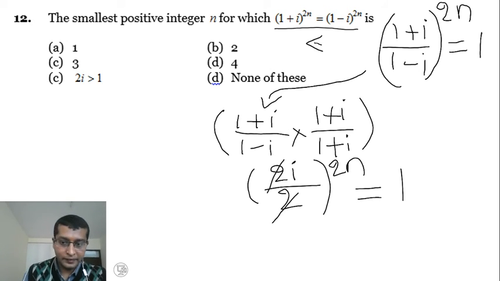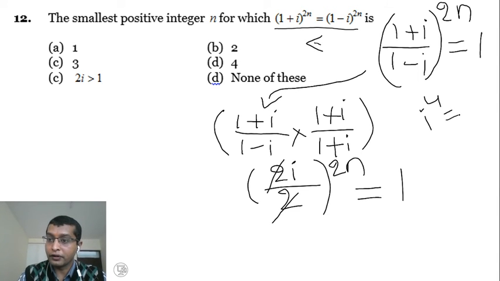The RHS part is 1, so i raised to what value gives 1? See, so many times we have solved. i is the root of minus 1, i square is minus 1, i cube is minus i, i raised to 4 equals plus 1.